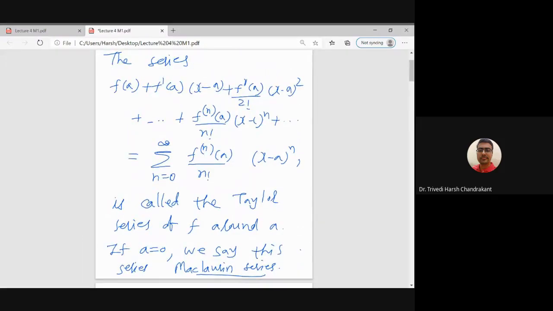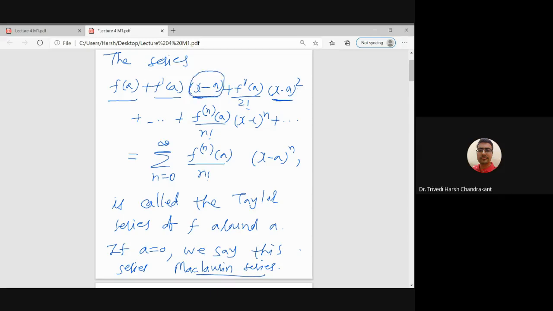We have to evaluate the function at f of 0, f dash 0, and these terms will be x, x square, and so on. So that particular series is known as the Maclaurin series. So whenever we want to expand a given function in powers of x, we will find the Maclaurin series because a is equal to 0.